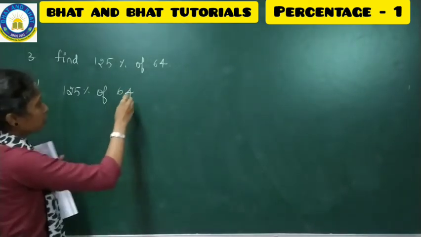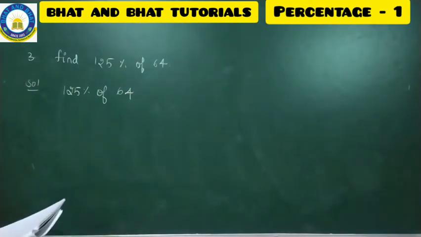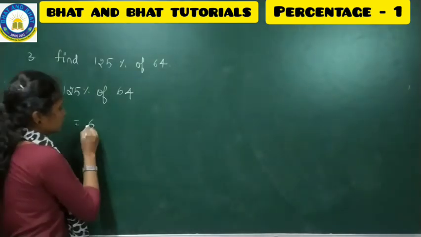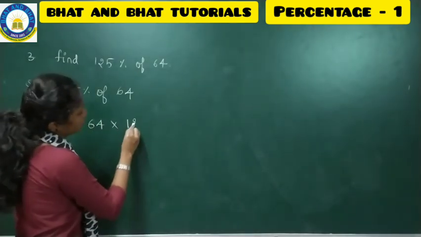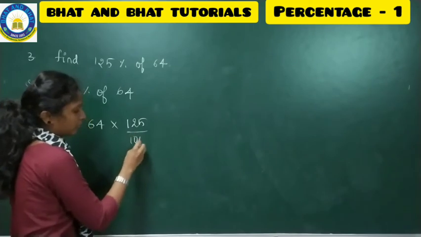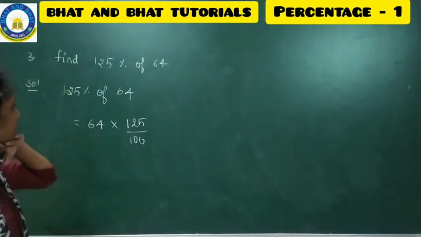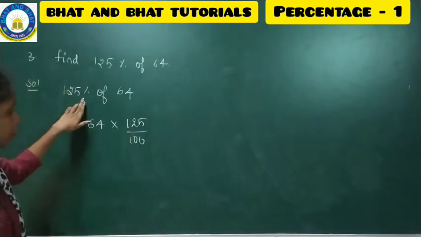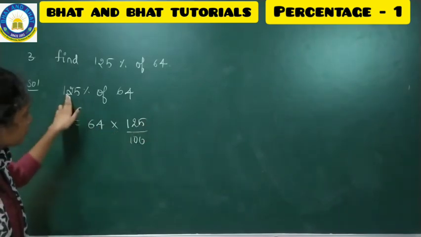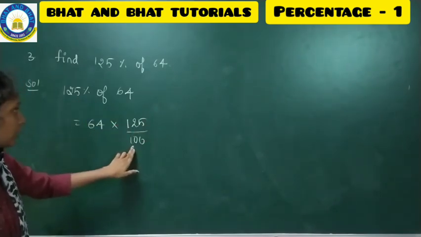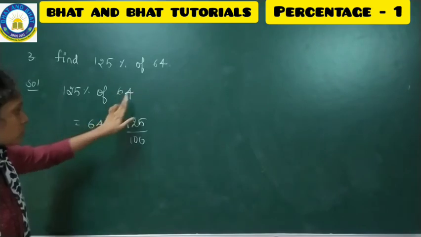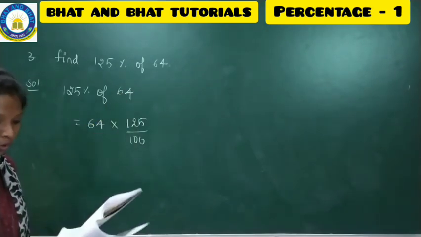That means in 64 we have to take up 125%, right? Before 125 we have a symbol of percentage, so that's the reason for 125 we are putting 100. For 64 there is no symbol, so we write as it is.